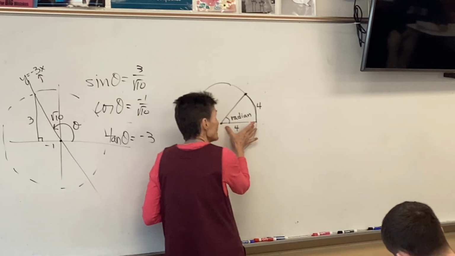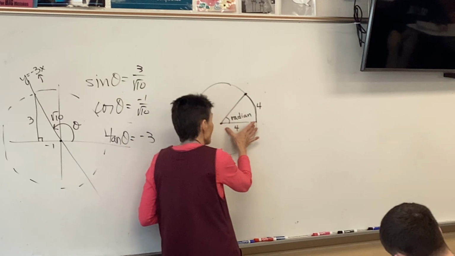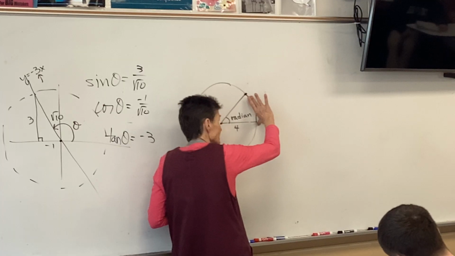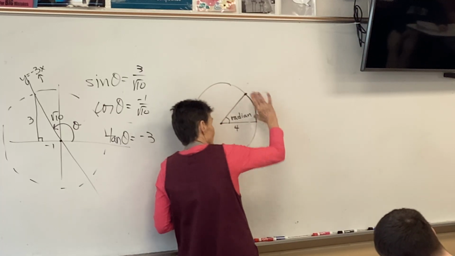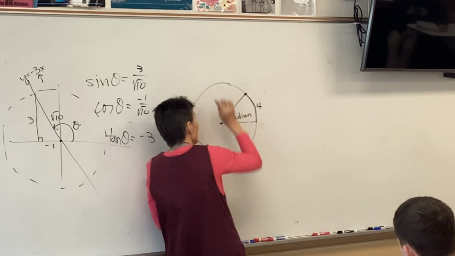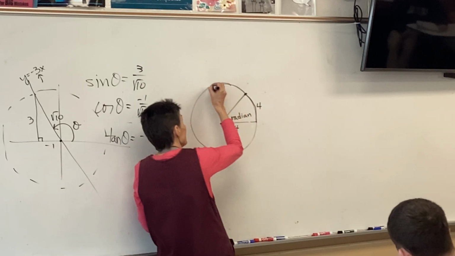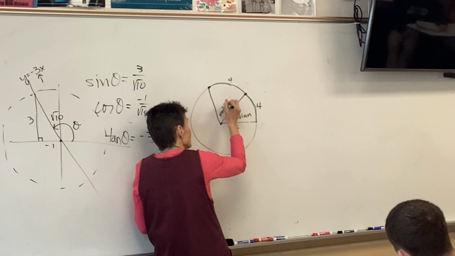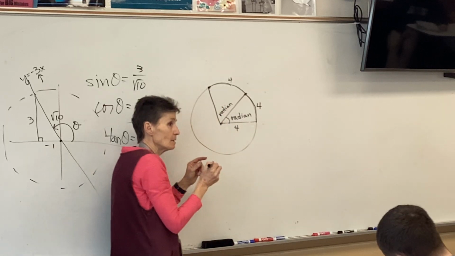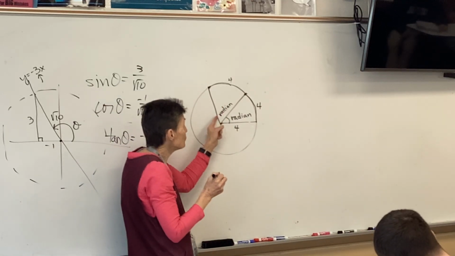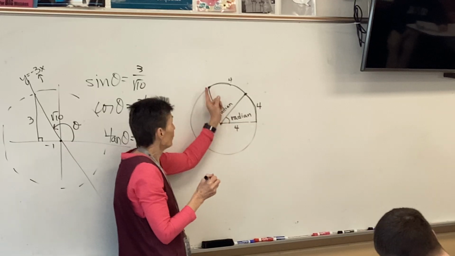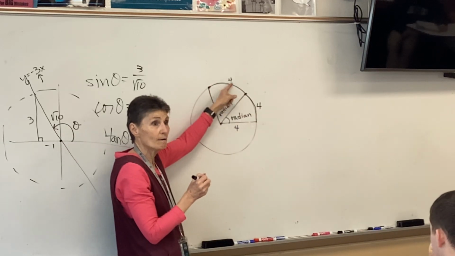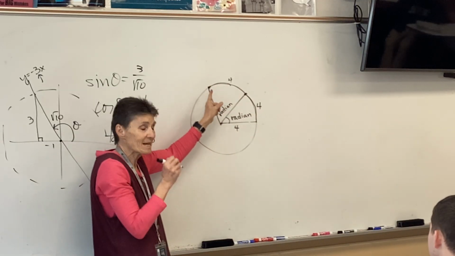So every unit of radius that you wrap around your circle will create a radian. So this would be another radian. So 2 radians would have an arc length of 4 twice, or 8, right?